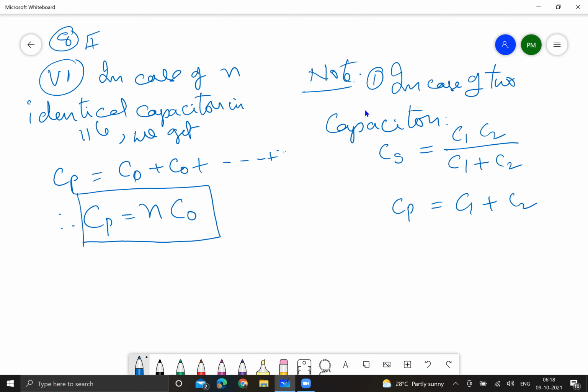Cp will be C1 plus C2. Therefore, the ratio Cs by Cp will come out to be C1 C2 by C1 plus C2 whole square.